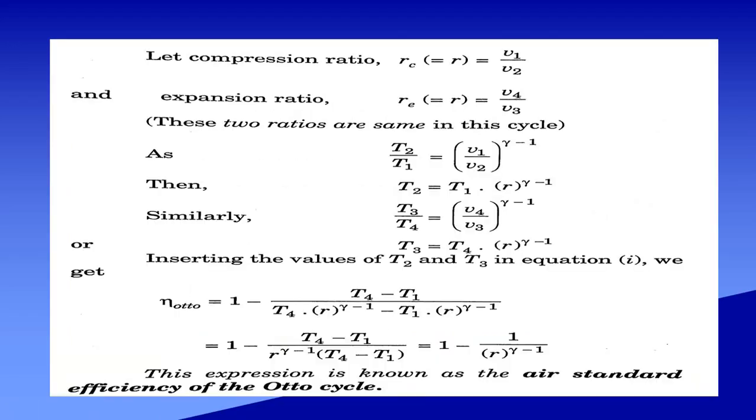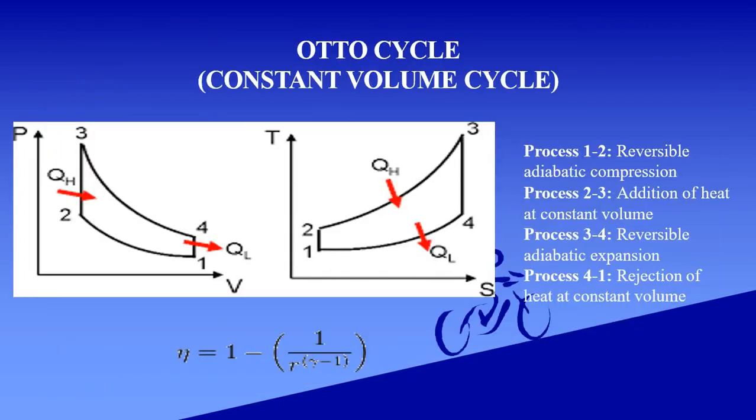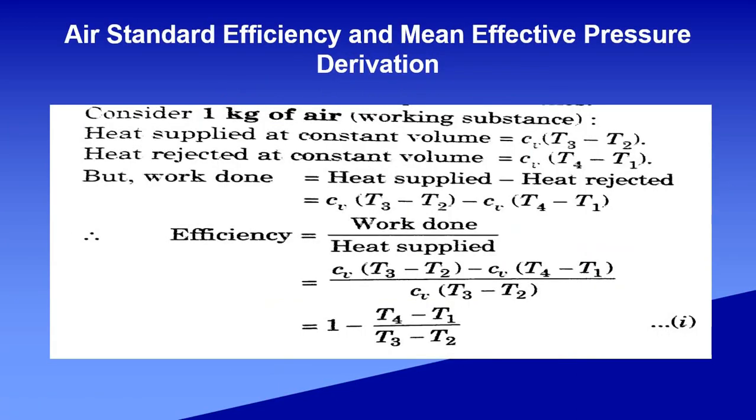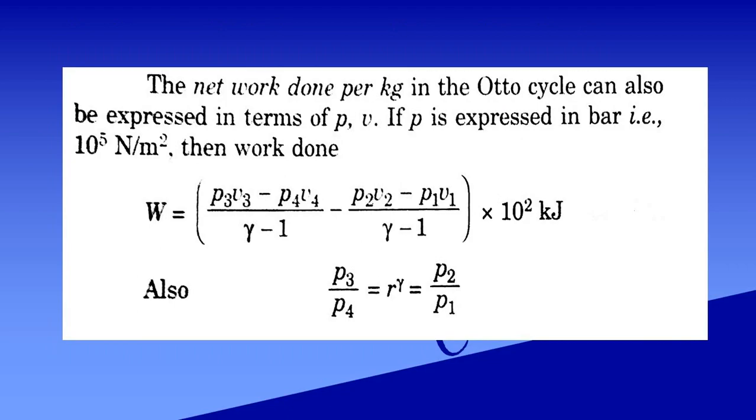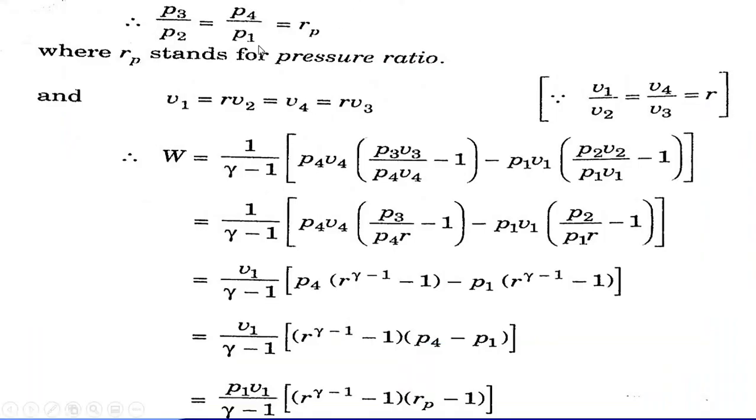When you see in the diagram, P3 by P2 is equal to P4 by P1. This is taken as the pressure ratio, called RP. That is P3 by P2 is equal to P4 by P1 is equal to RP, the pressure ratio.